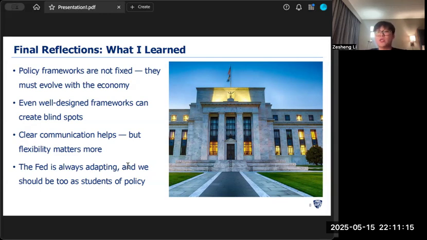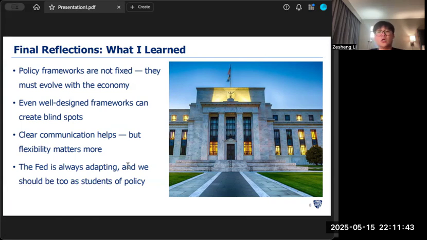It shows a commitment to inclusion, patience, and transparency. But the critics also reveal that too much rigidity in communication and structure can backfire, especially when conditions change. So for me, the biggest takeaway is that the Fed and central banks in general must be ready to adjust their frameworks, rethink tools, and respond fast.